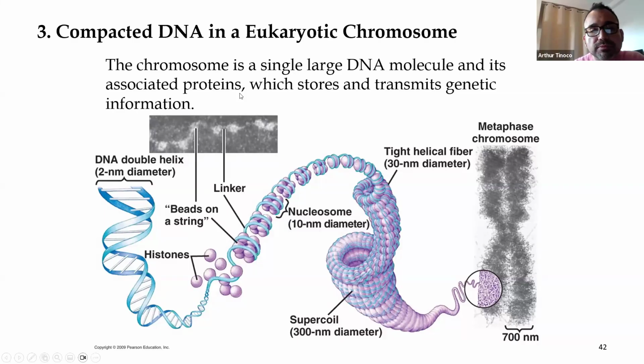And so these chromosomes store and transmit genetic information. So what we're seeing here is this cartoon representation of how you go from the double helix, then the affiliation with these structures known as the histones, the associated proteins that help to take that double helix strand and basically wrap around it.